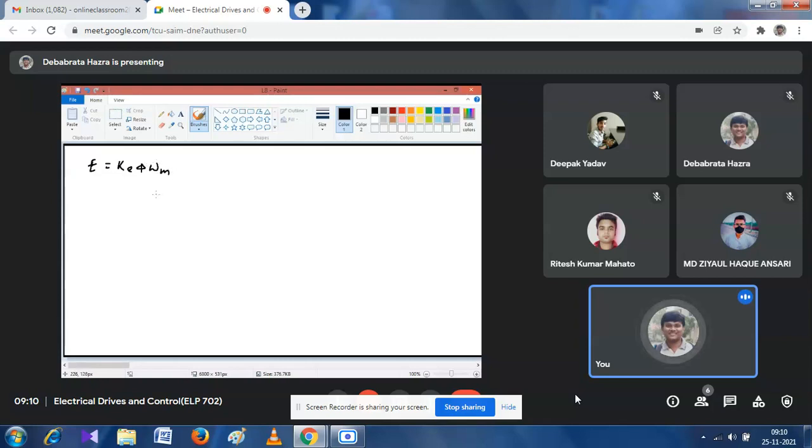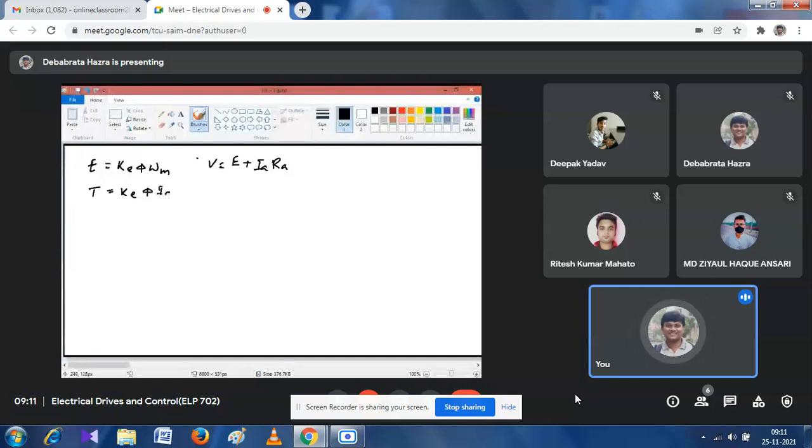This is the back EMF equation, and the motor equation is V is equal to E plus Ia Ra, and the torque equation is T is equal to Ke phi into Ia.